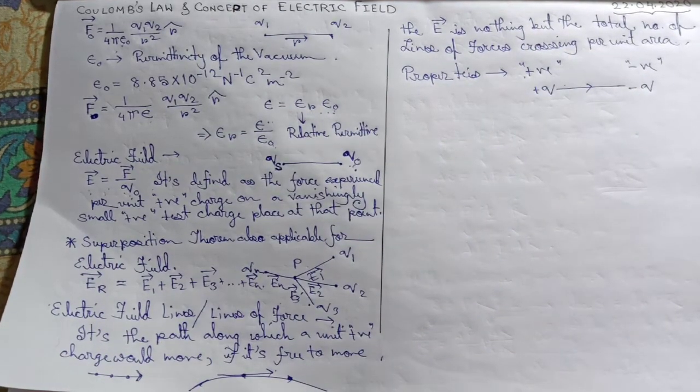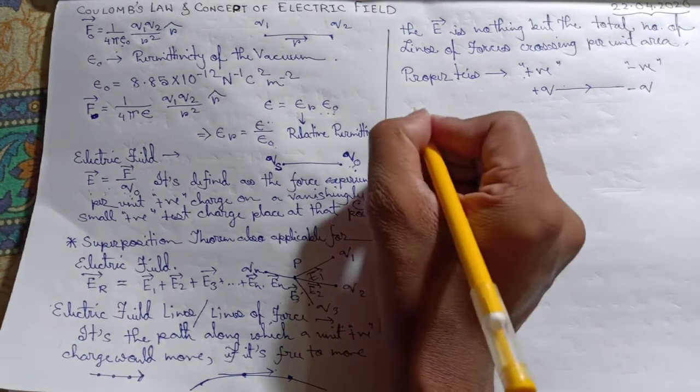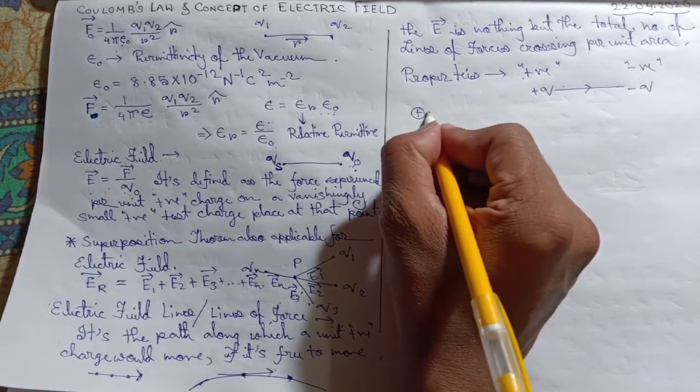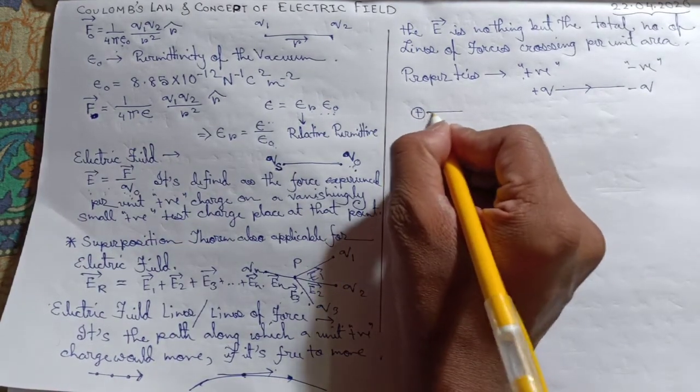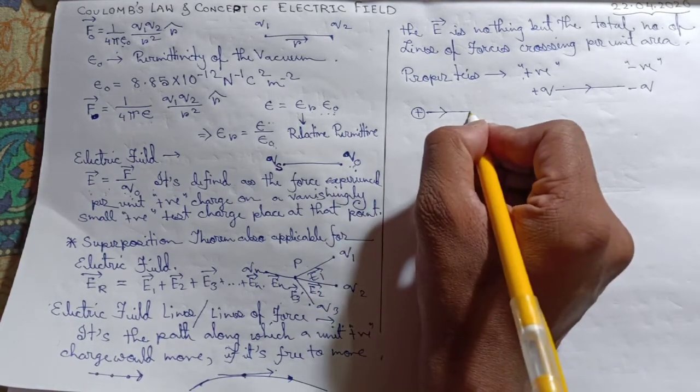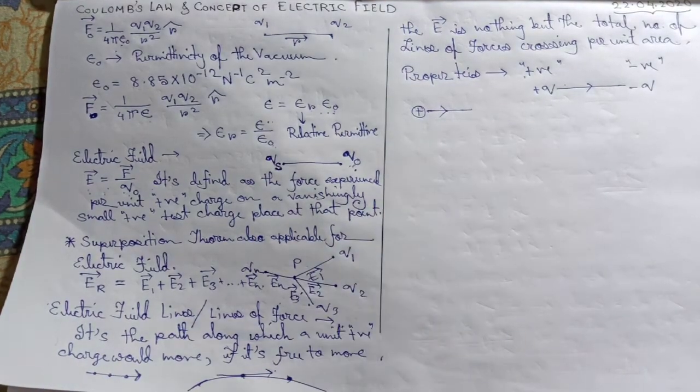Now what if there is only an isolated positive charge? Then the electric field lines come from the positive charge, but go up to infinity. So we will assume theoretically that the negative charge is at infinity.